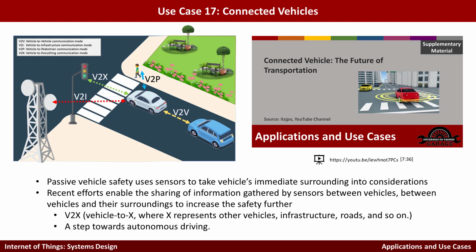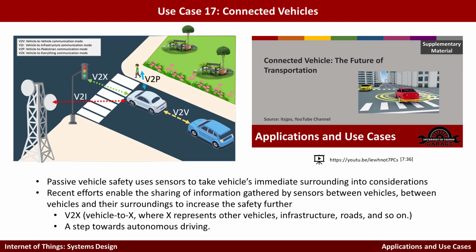So basically the idea is that these objects are communicate with each other to make sure that accidents are avoided. Each of the devices knows the presence of the others, so they can take measures.